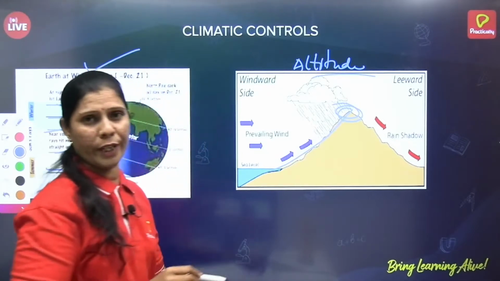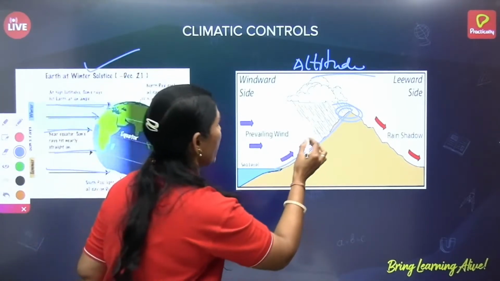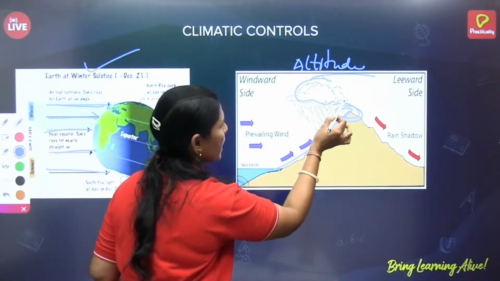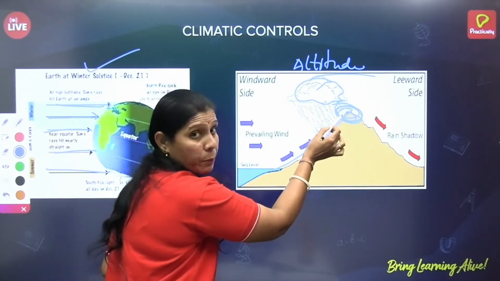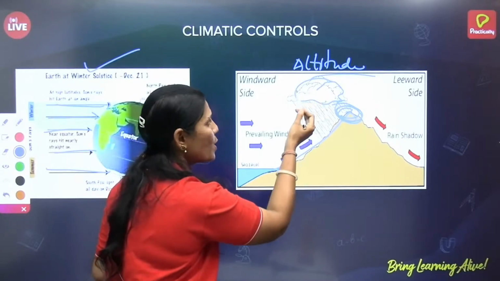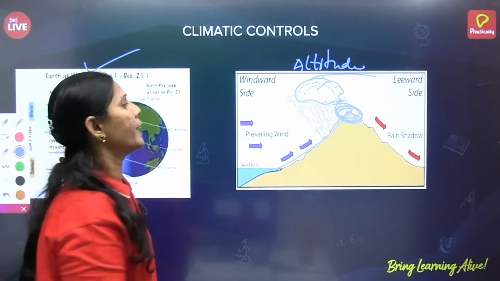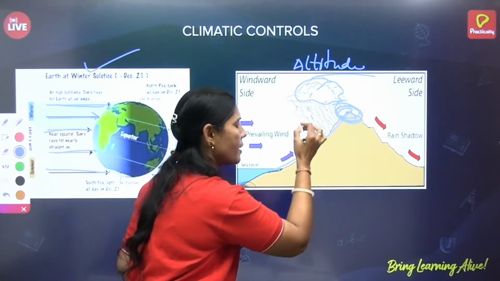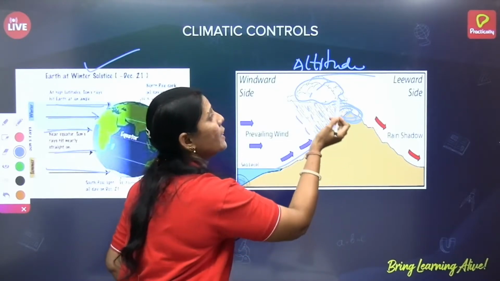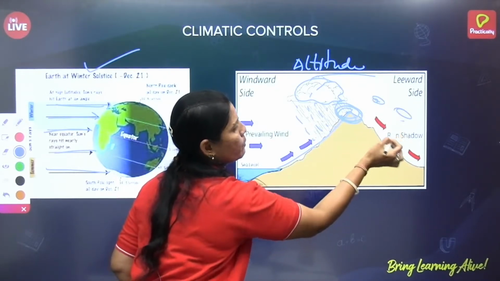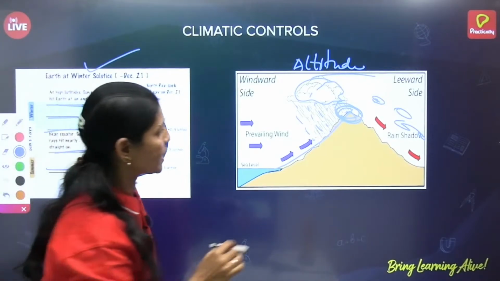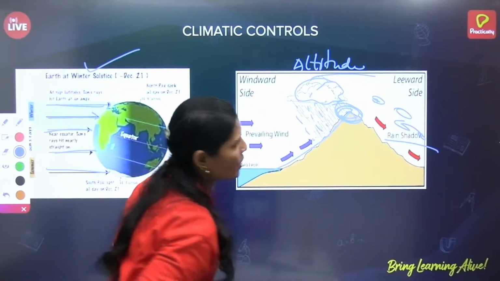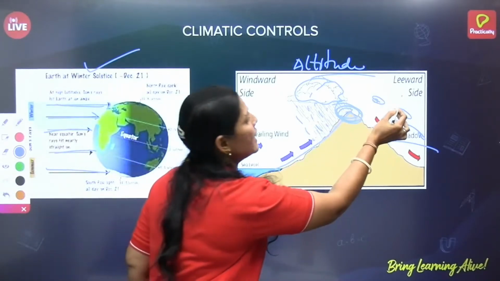If you take the example of the Western Ghats, what happens? The clouds get cooler at these denser areas where the atmospheric pressure is more. So the clouds get condensed here and the rains occur at these places, and the empty clouds reach these places and may not receive rains. So this side is called the rain shadow region, and we call it the leeward side.